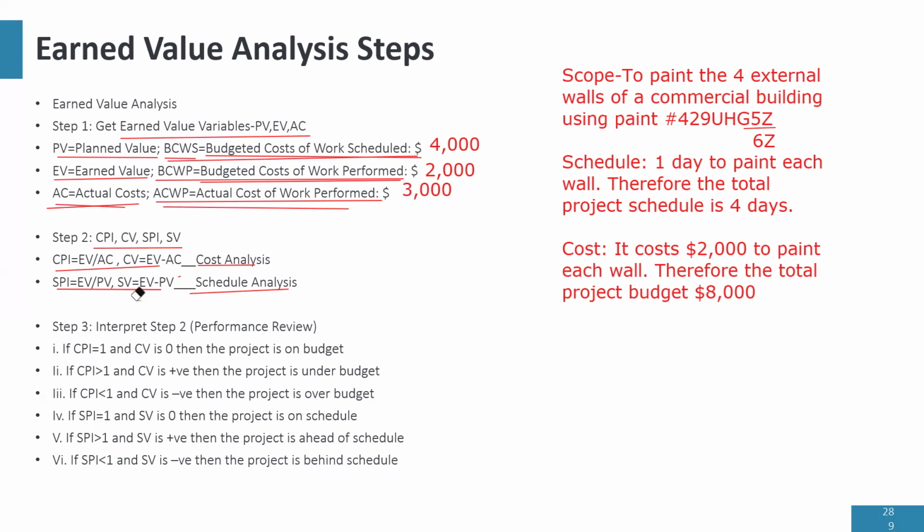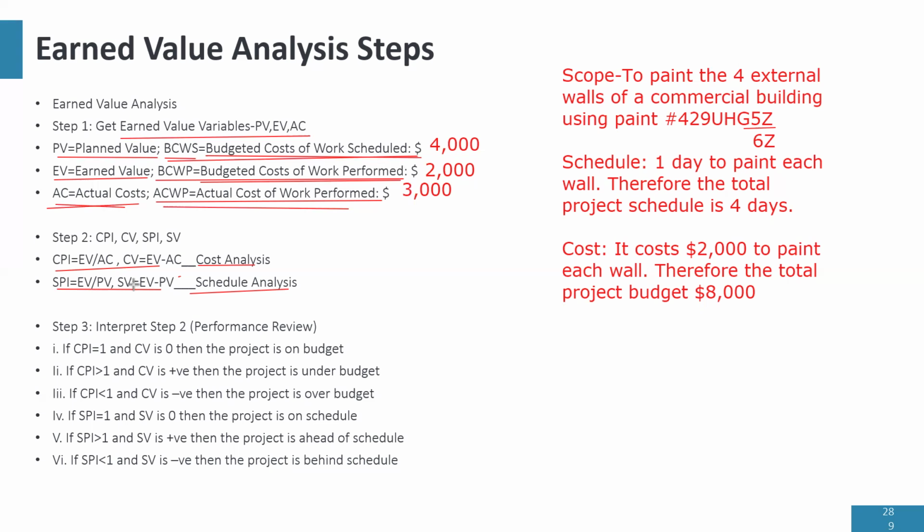SPI is EV divided by PV, SV is EV minus PV. The results we get from CPI and CV will tell us how we're performing in cost. The results from SPI and SV tell us how we are performing in the schedule. So this brings us to the next step.